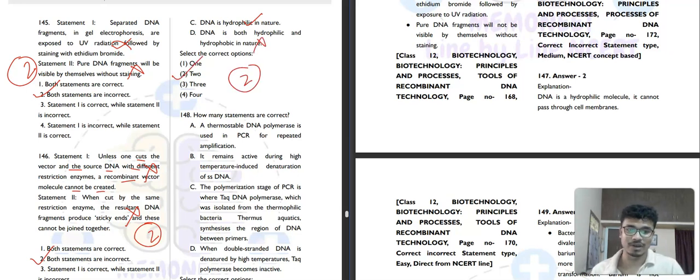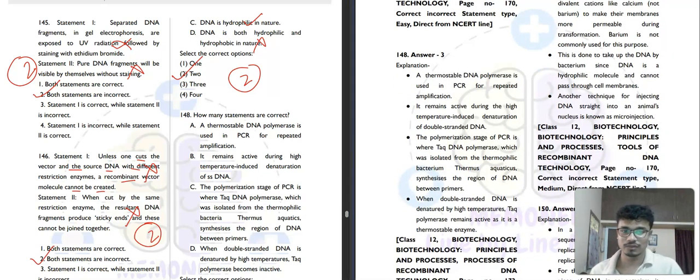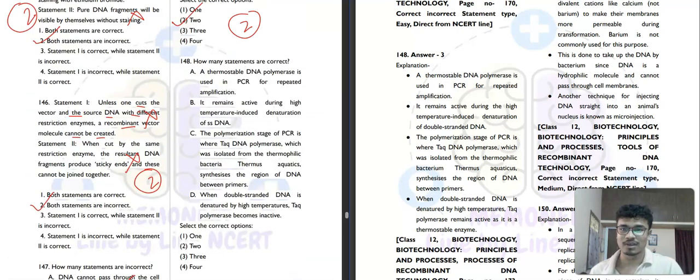Then question number 148. Let's see what it says. And select the correct option. How many statements are correct? Okay. A thermostable DNA polymerase is used in PCR for repeated amplification. Correct. It remains active. It is also correct.